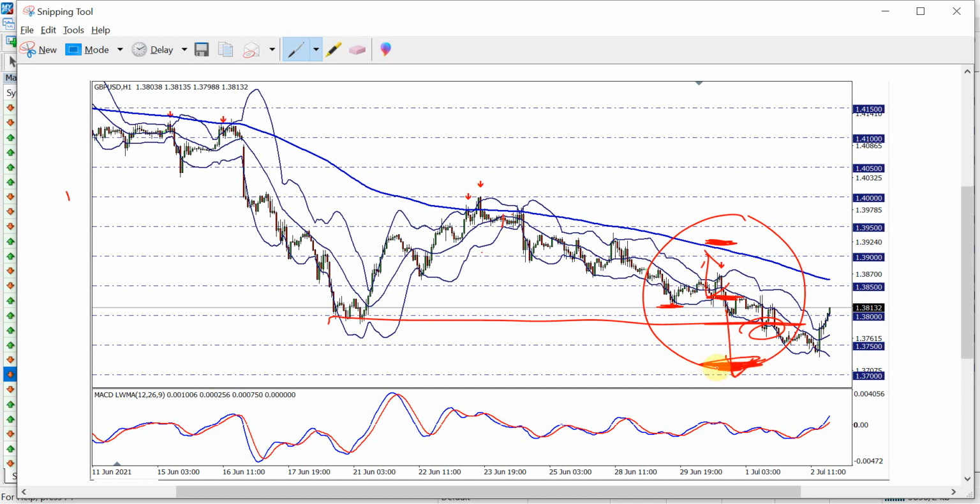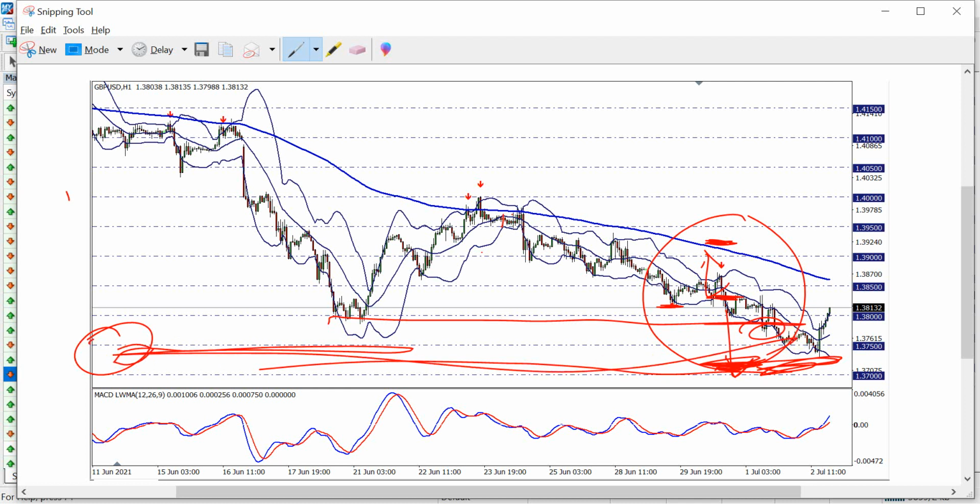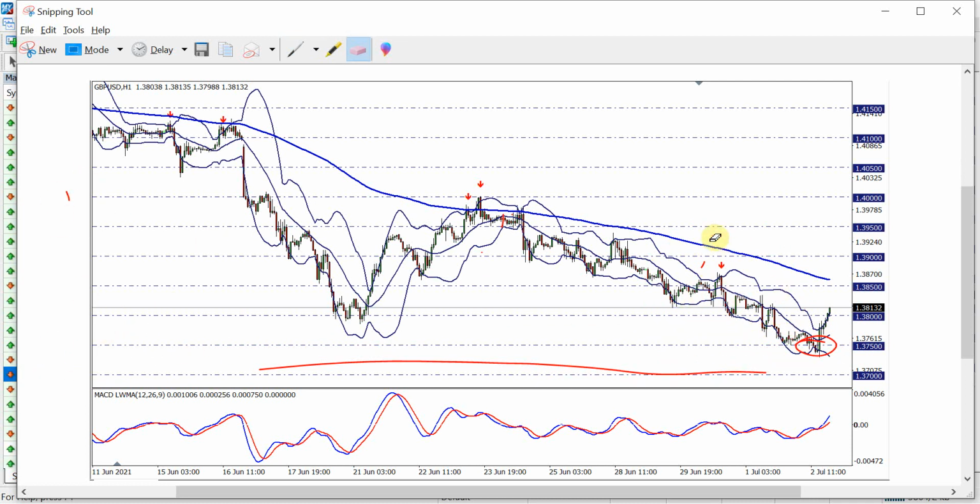I'm probably looking about over here somewhere, which I might have got hit, but again, there's no indication at this level over here, unless I go back in price, that this area is a good area to get into, bar this round number level. I've just drawn a lot of rubbish all over this screen.